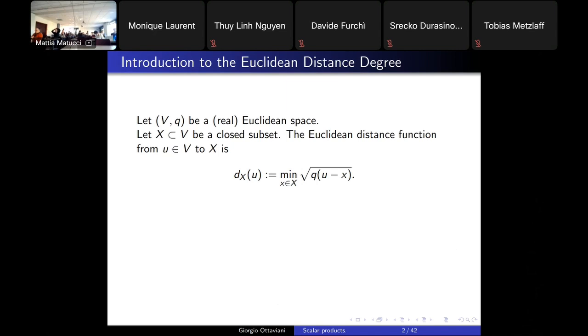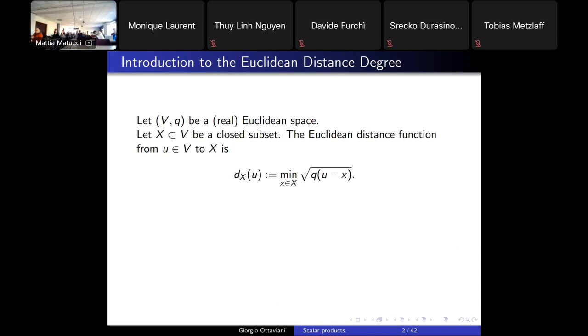So this is just any Euclidean space. And then consider a subset X. What is the distance function from a point to X?